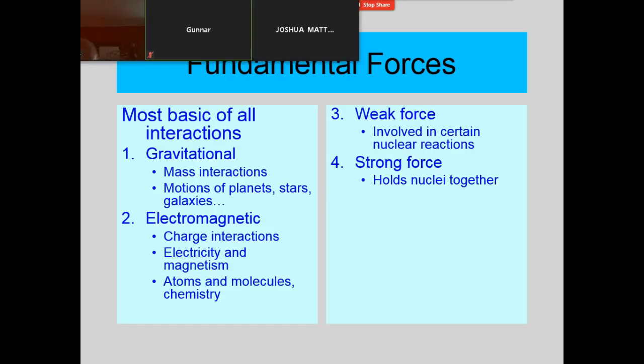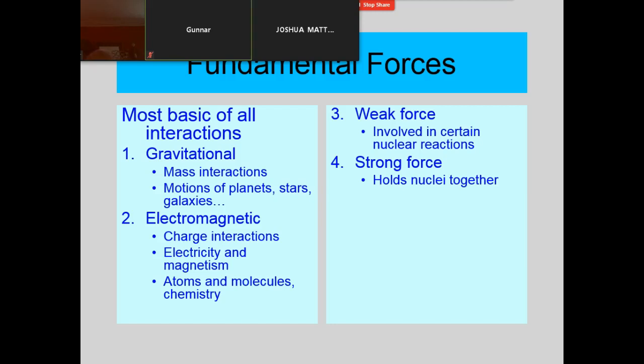Now, they sort of throw this in, and it's rather a strange place to put it. There are really four fundamental forces, and these are the types of forces they call force at a distance. This is not like you pushing on a chair or pulling on a cart. Those are applied forces. These are the four fundamental forces of nature. The most basic of all interactions, one is gravitational force.